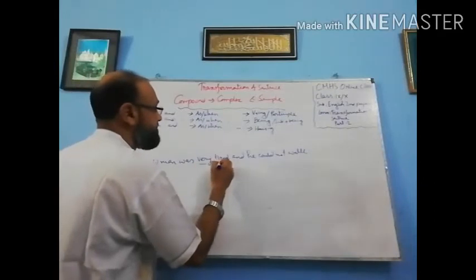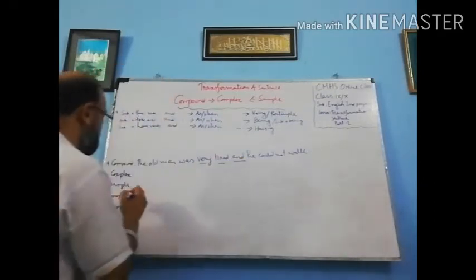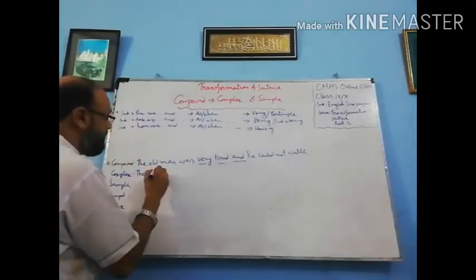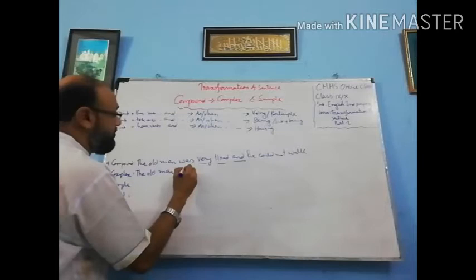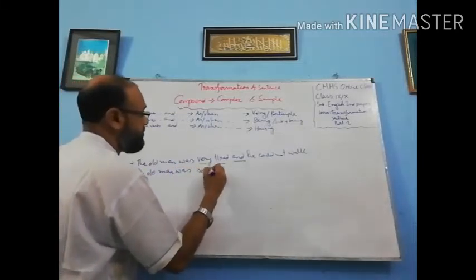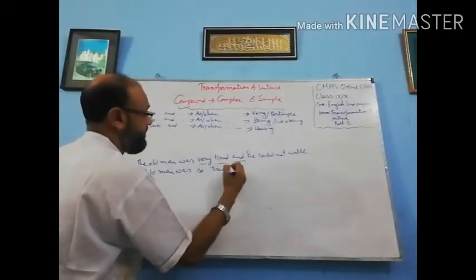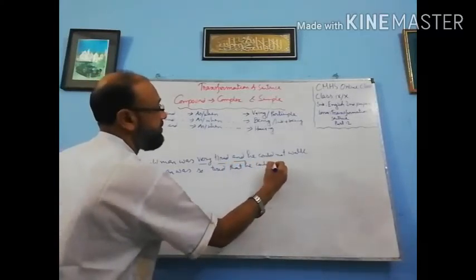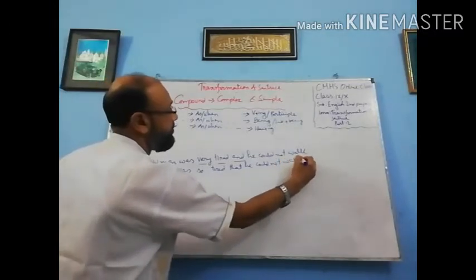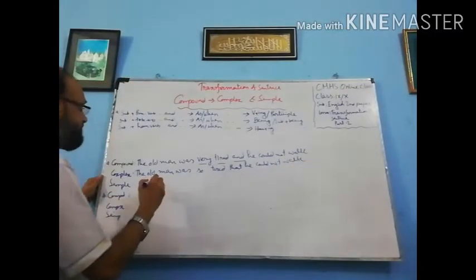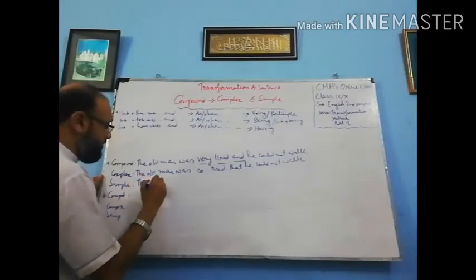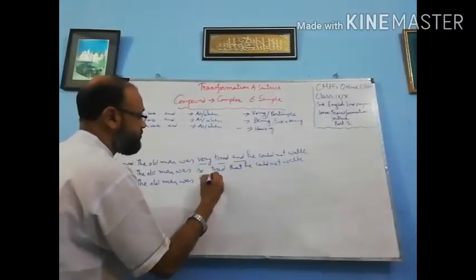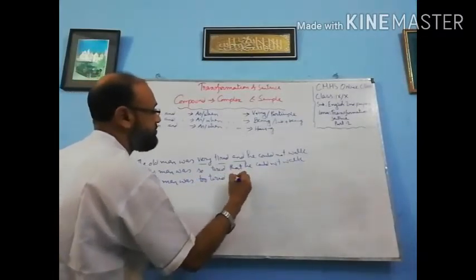So if we make it complex, what will happen? The old man was so tired that he could not work. And the simple one is: the old man was too tired to work.